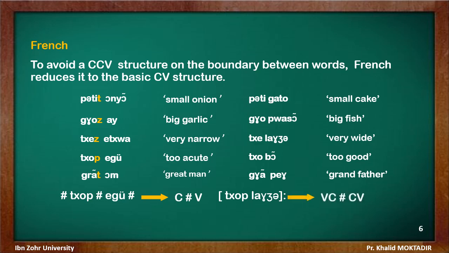We have VC in the first word followed by CV. So that's a consonantal cluster right on the boundaries. And we delete, of course, the last consonant in the first word to get to the preferred basic syllable pattern.